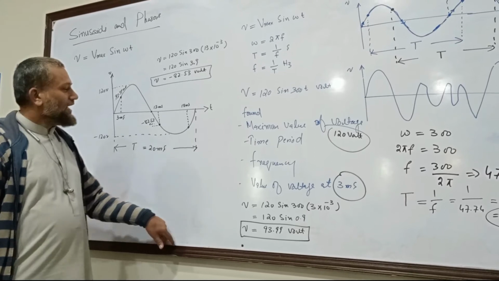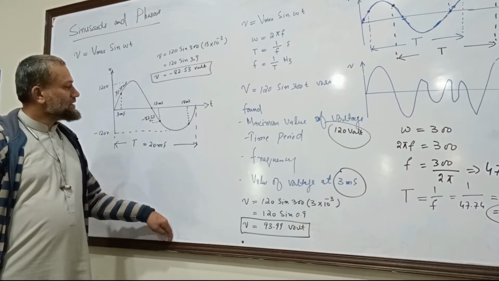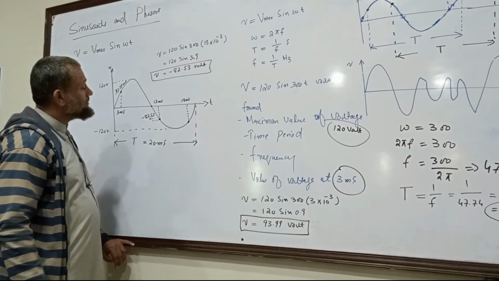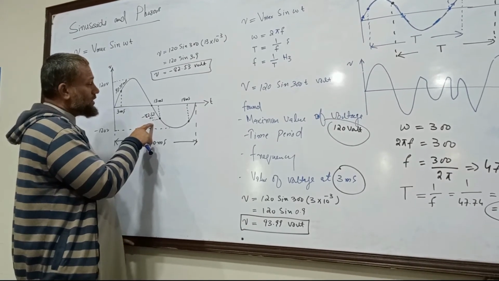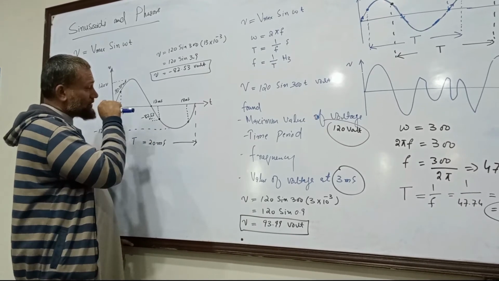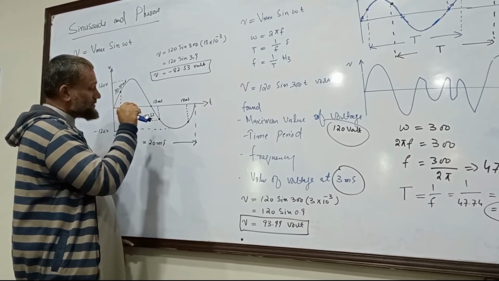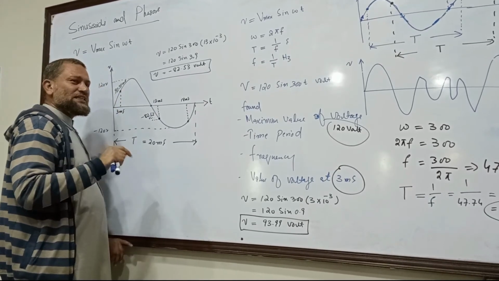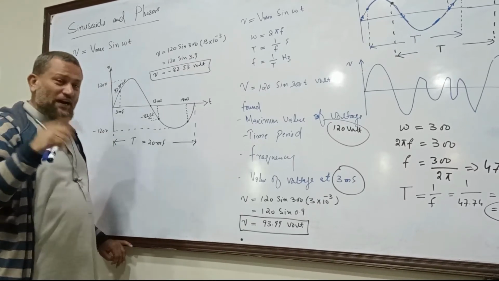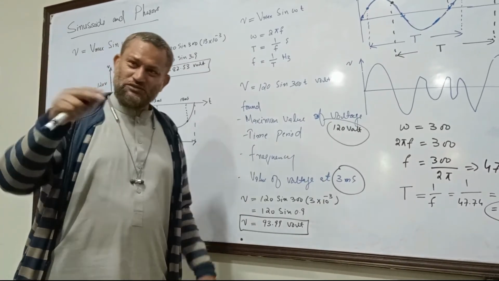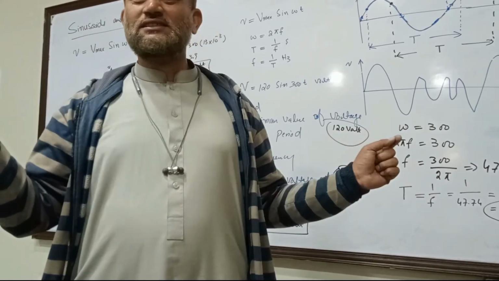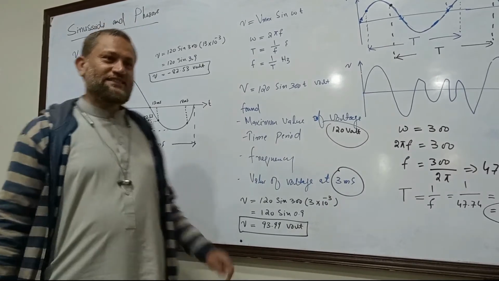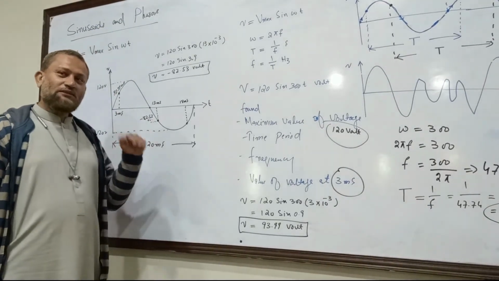That will be more than minus 70 but less than 82.53, more than 70.